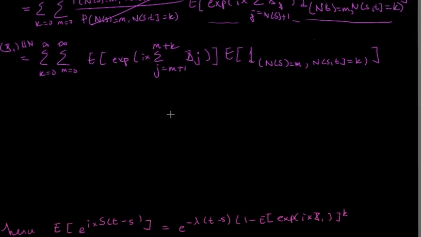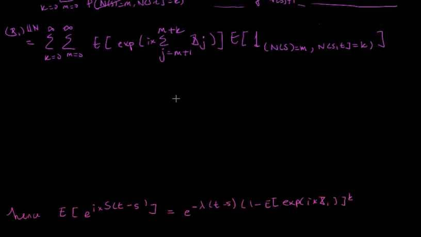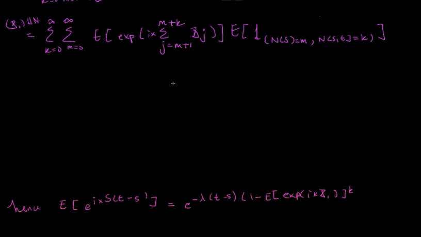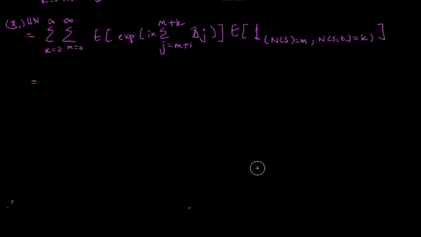Okay, and this is a very nice feeling because what I can do now is, well, let's just take it one step at a time. The mean of an indicator function is equal to the probability of whatever the indicator indicates.